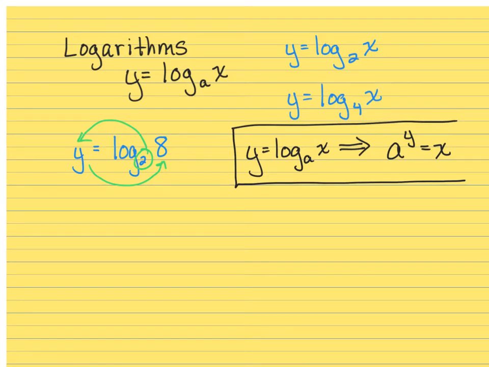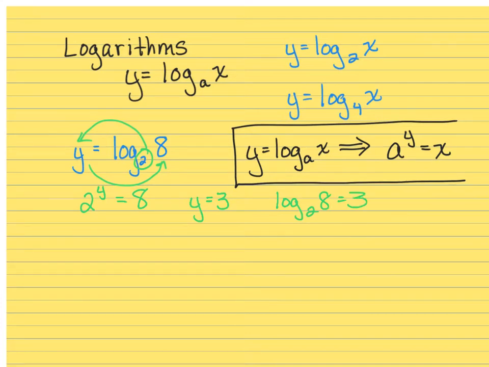All right. So let's write that down for our log base 2. So it's going to be 2 raised to the y equals 8. And now I just need to figure out what value y needs to be in order to make that work. And it's pretty easy to see that y must equal 3. So log base 2 of 8 equals 3.